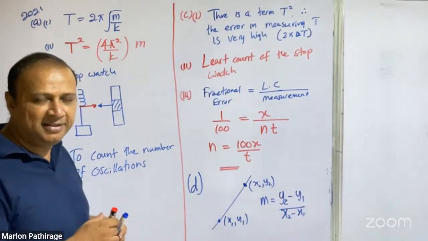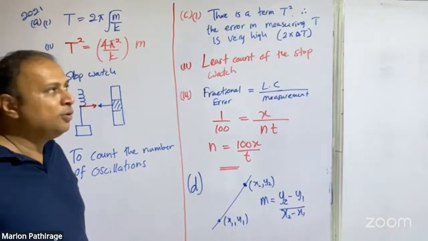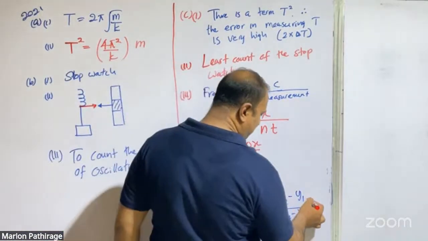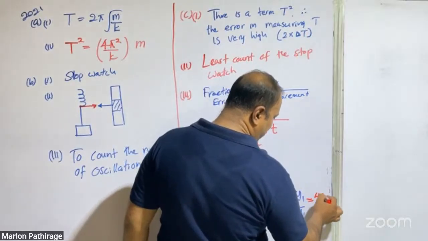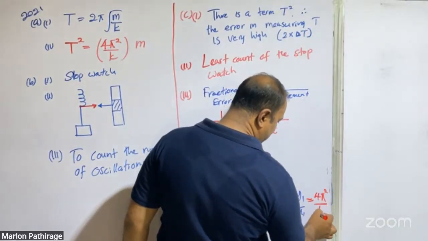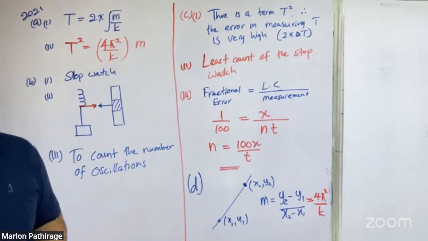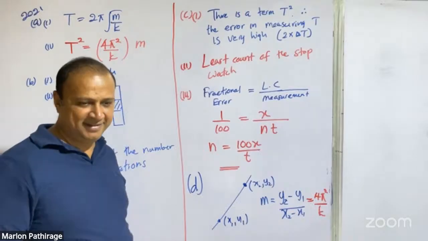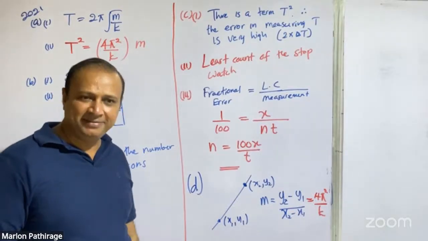That gradient should be equal to 4π squared over k. This gradient is equal to 4π squared over k. Take π squared as 10.